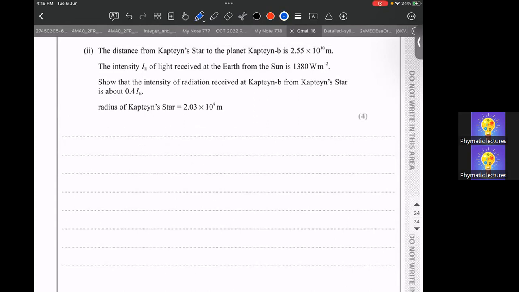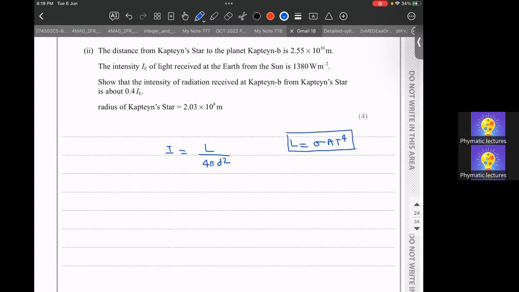What is the equation connecting intensity and luminosity? Intensity is luminosity by 4 pi d square. And what is the equation for luminosity? Luminosity is sigma A T raised to 4.